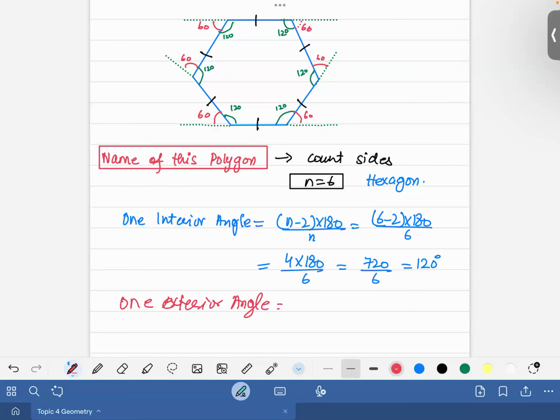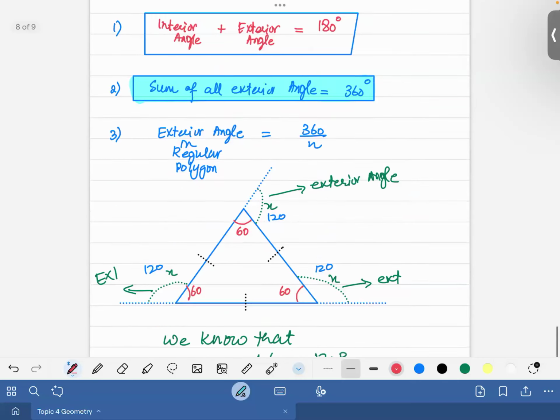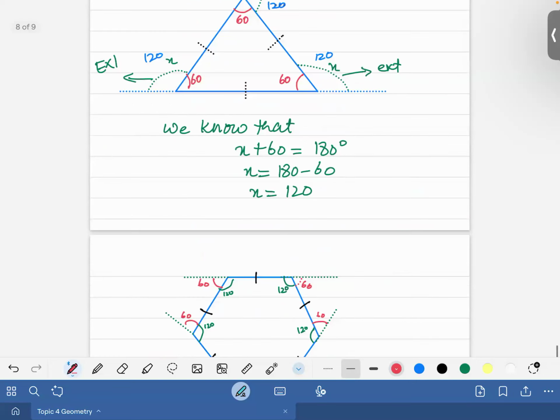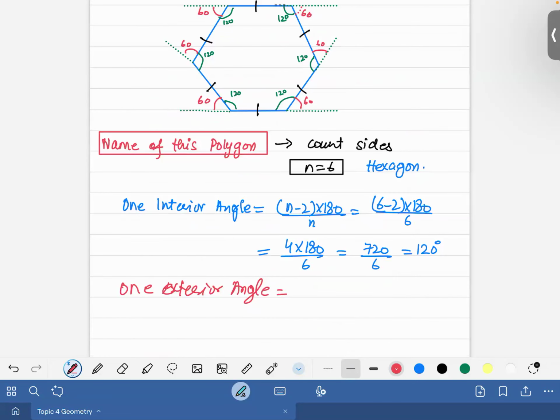And I wrote a formula a few seconds before that: an exterior angle in a regular polygon is 360 by n. In place of n, I'm going to write 6 because it's a hexagon. So 360 divided by 6 is 60 degrees each. So every fact will coincide with each other.